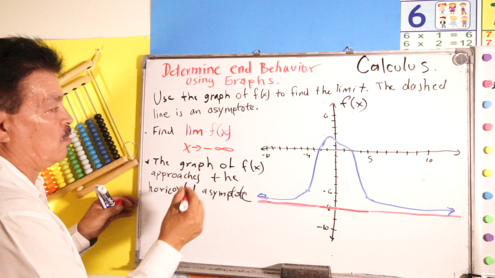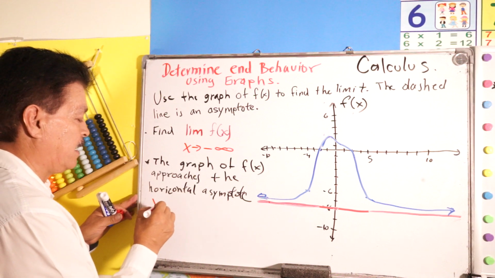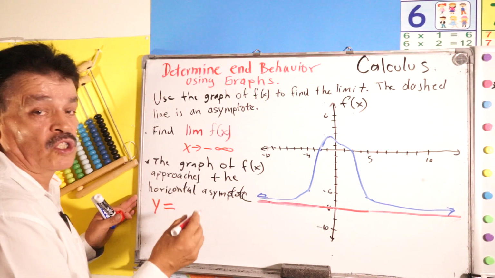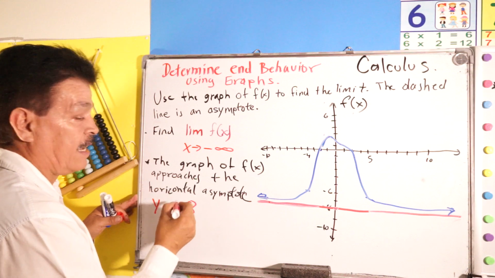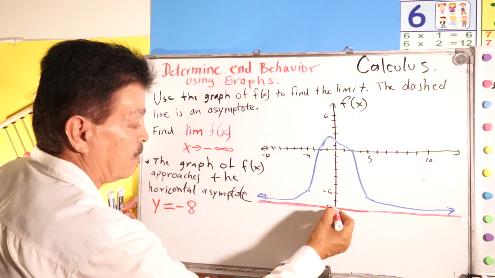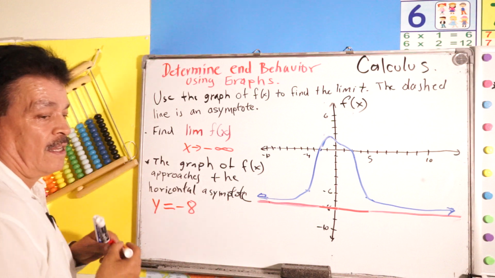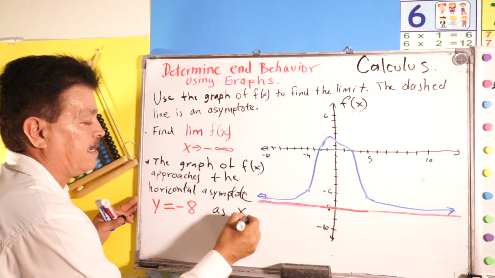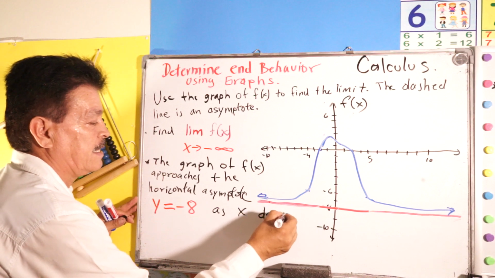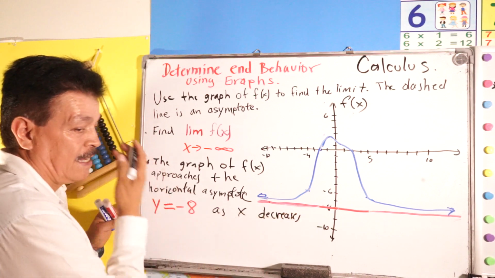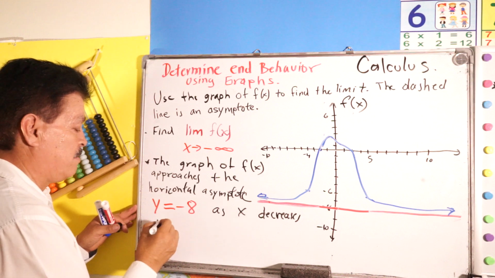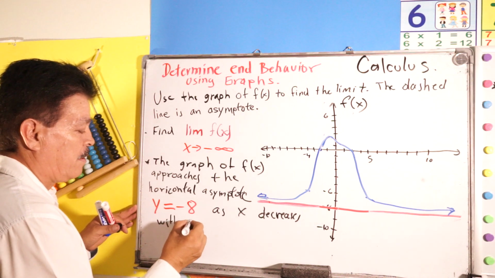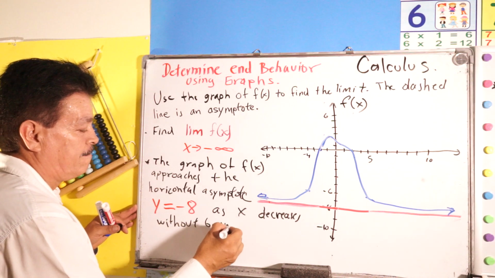Where is the horizontal line? It is at y equals negative 8, right here, right? Negative 8, as x decreases without bound.